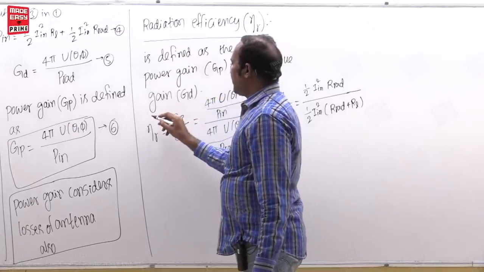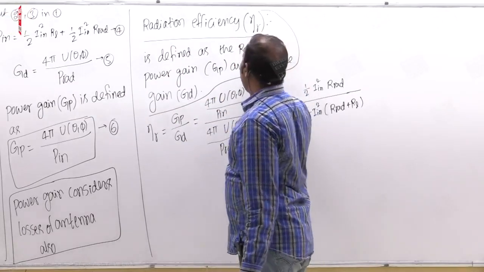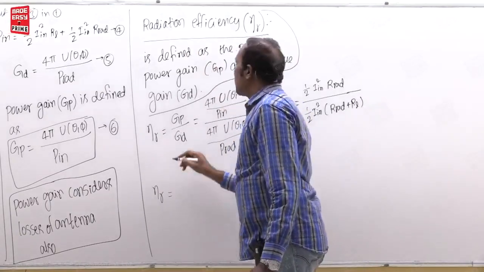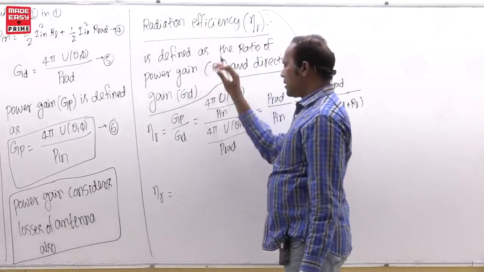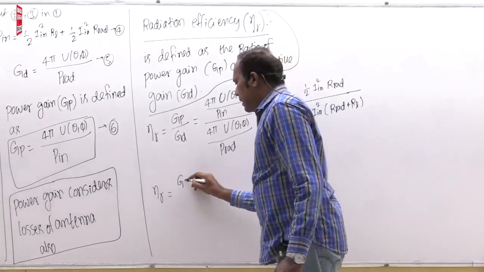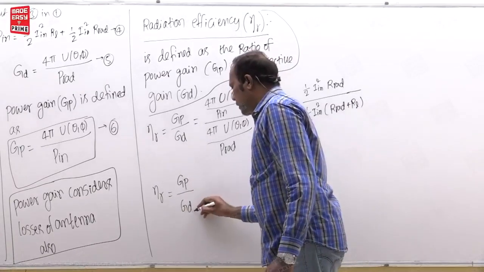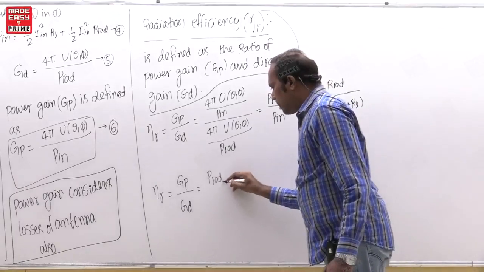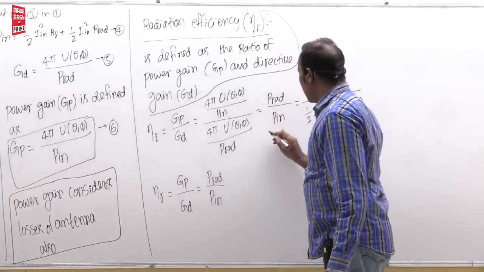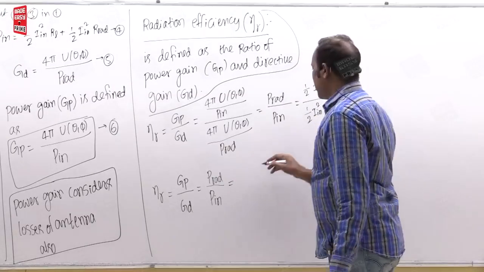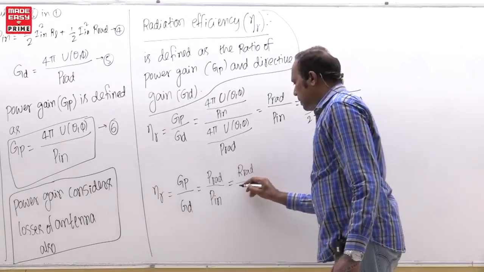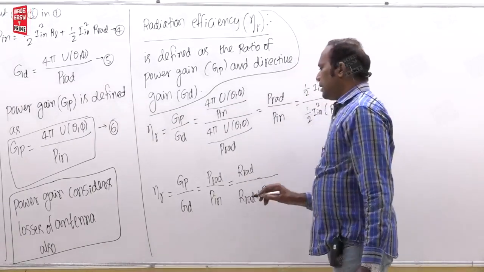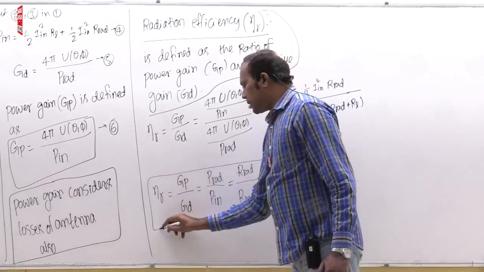Radiation efficiency is defined as the ratio of power gain and directive gain, and you also get power radiated divided by power input, which is equal to radiation resistance divided by radiation resistance plus loss resistance R_L. This is the formula you have to remember, dear students.